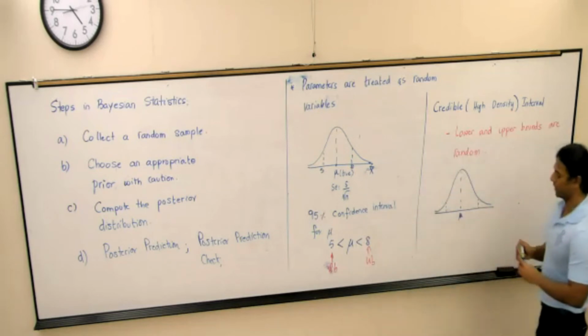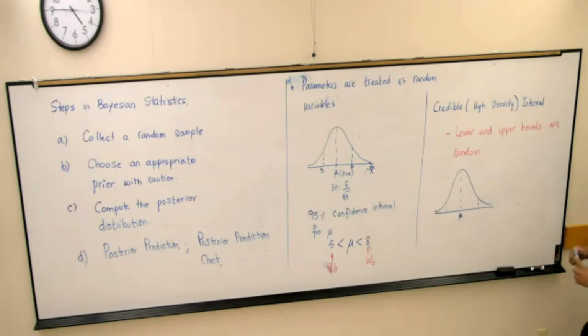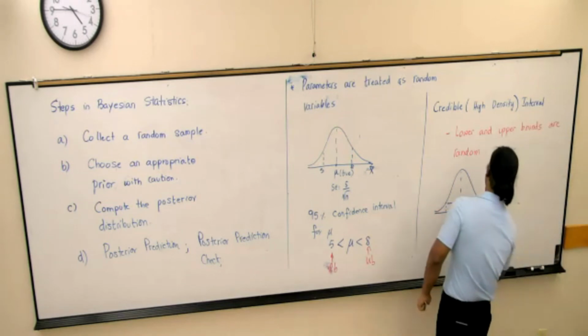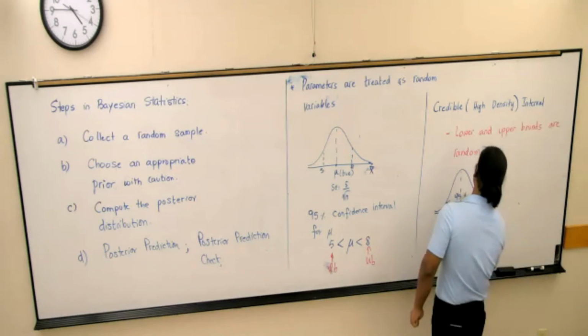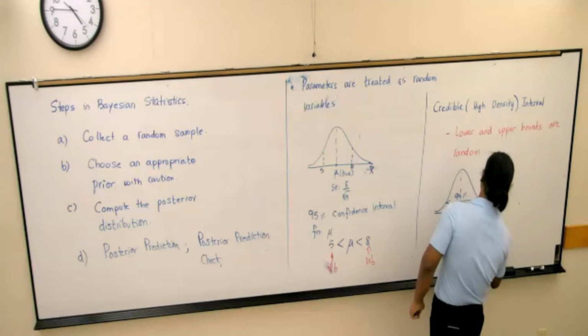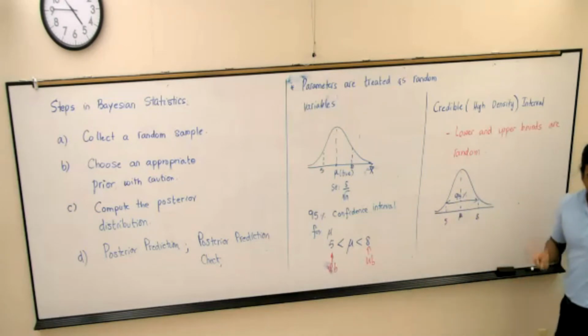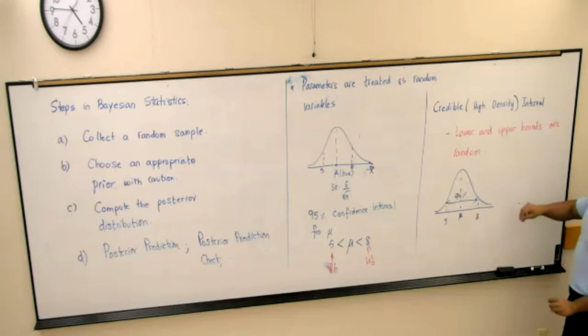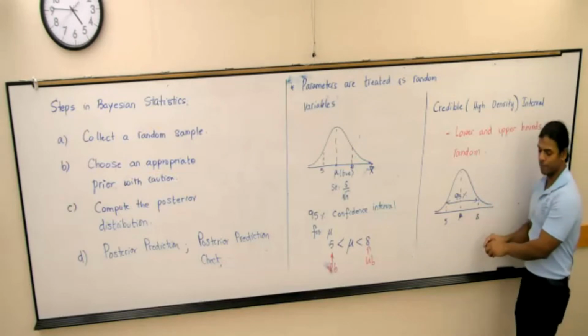Suppose I have mu and I get 95% between, say, 5 and 8, right? That is going to happen with respect to one prior, correct? Yes, no, maybe. So one posterior distribution based on one prior.